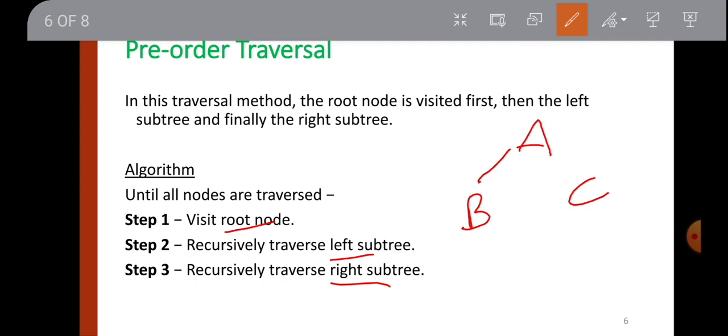If we consider the same example as in in-order traversal, in pre-order traversal it starts from the root node. So the traversal starts from A, followed by the left subtree B, then finally right subtree C. So this is the pre-order traversal for this given example.